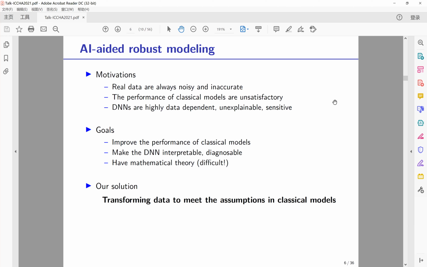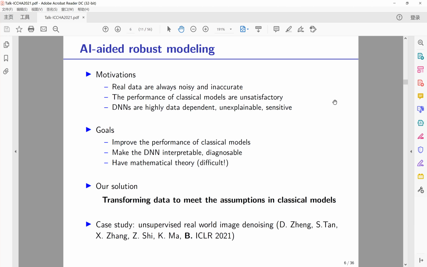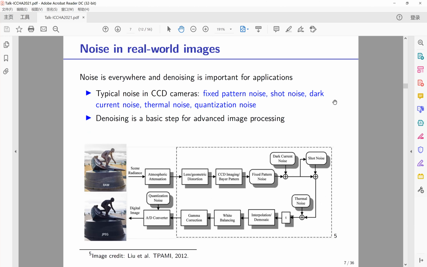So today I will share with you a case study where we apply this concept to real-world image denoising problems. Okay, let's look at the denoising problem. This is a basic task in image processing. When we look at a typical imaging process, this is a typical process in a commercial camera.